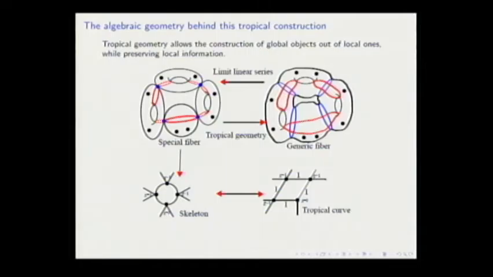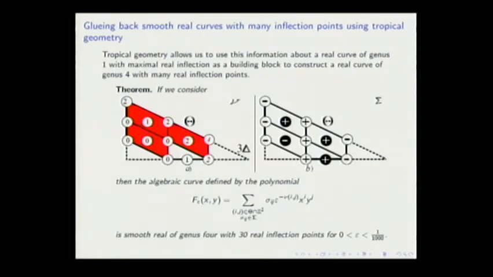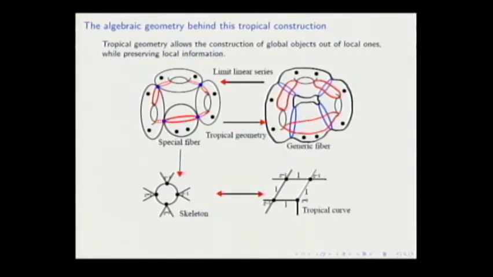And the philosophy is this. You start by looking at the dual graph of this polytope, which is called a tropical curve. This tropical curve represents the skeleton of a semi-stable model for your curve. And this, in turn, is the dual graph of the special fiber of some semi-stable degeneration.